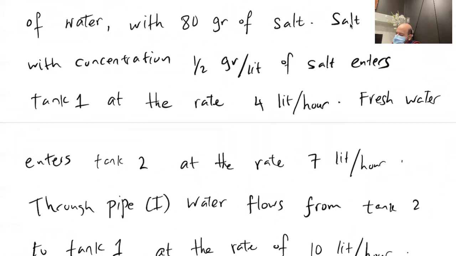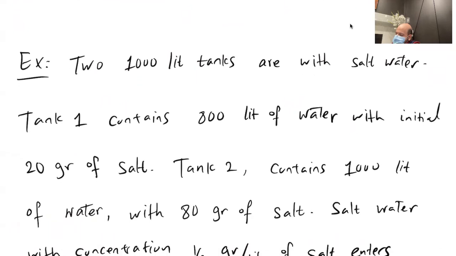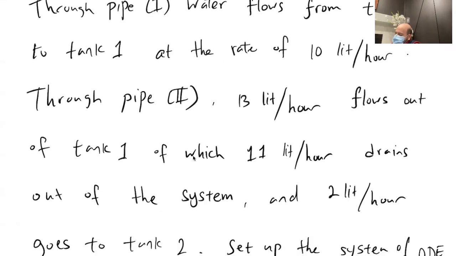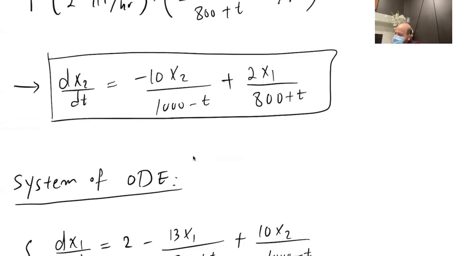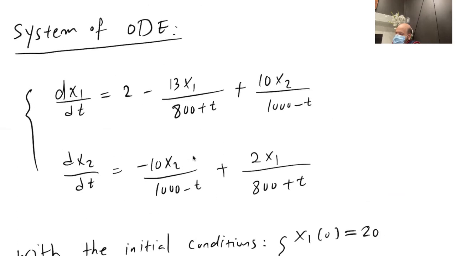In tank 1, if you remember, we had initially 20 grams of salt. And in tank 2, we had initially 80 grams of salt. So x1 of 0 is equal to 20 and x2 of 0 is equal to 80. So this is what the question was asking from us.